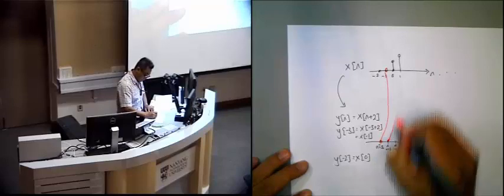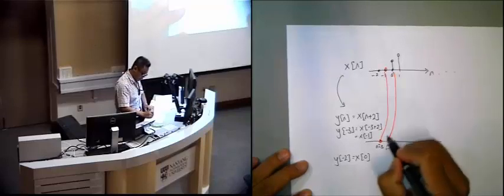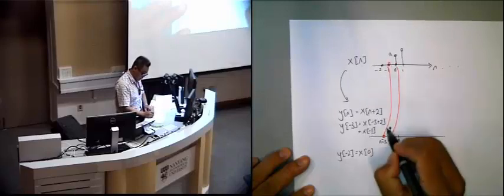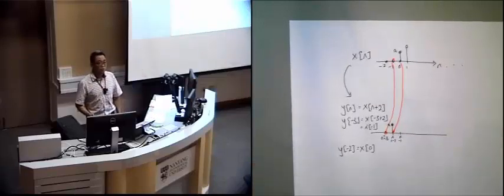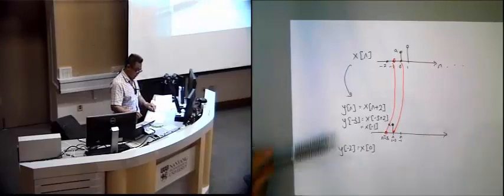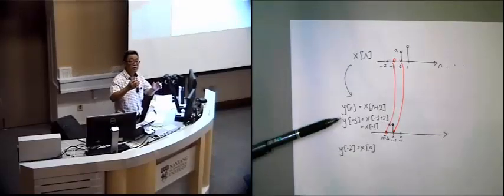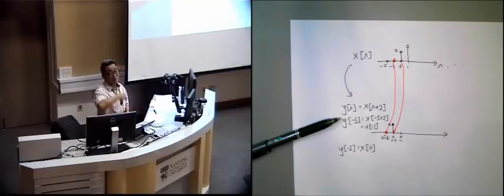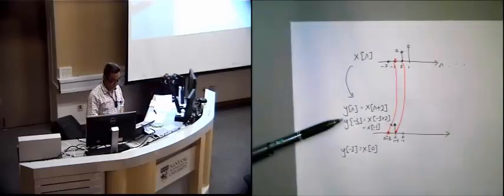This value is this value here. So what it means is that y of n, at a time before x has happened, can observe x. That's what it means. So we are seeing the future values of x with respect to the time n.